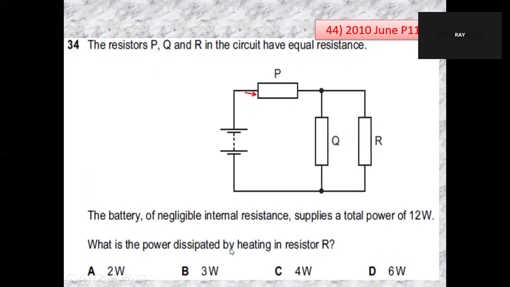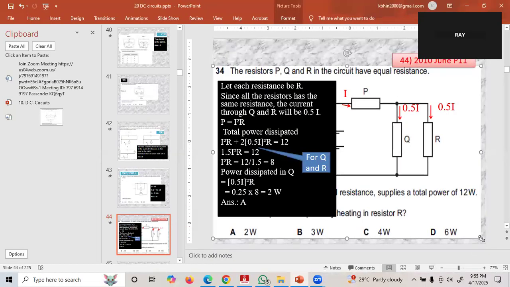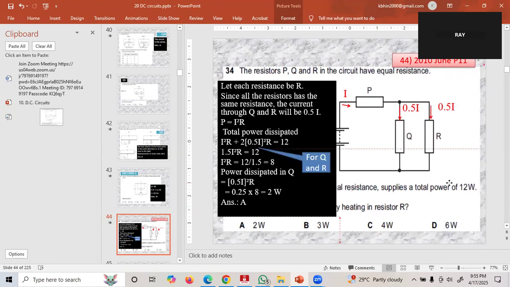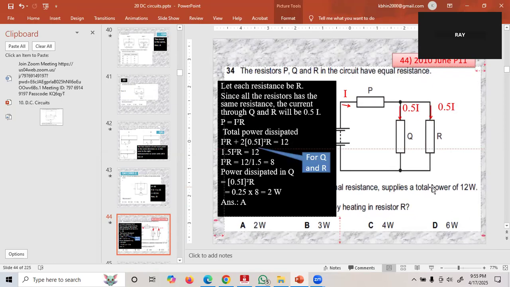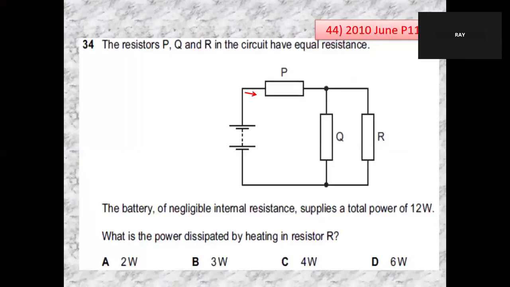What's the power dissipated by heating in the resistor R?